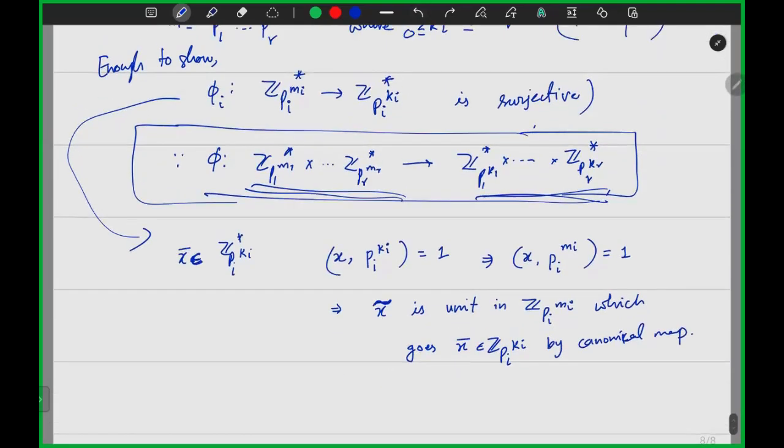So x goes to the image by the canonical map. So phi_i is surjective. Okay, so this is done.